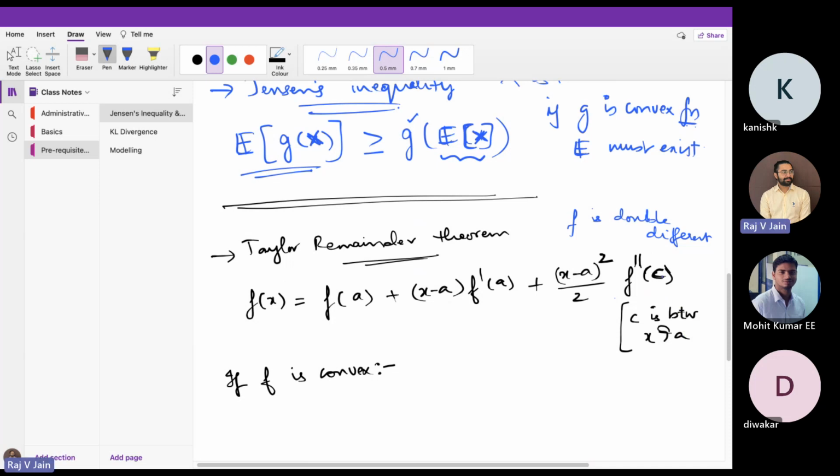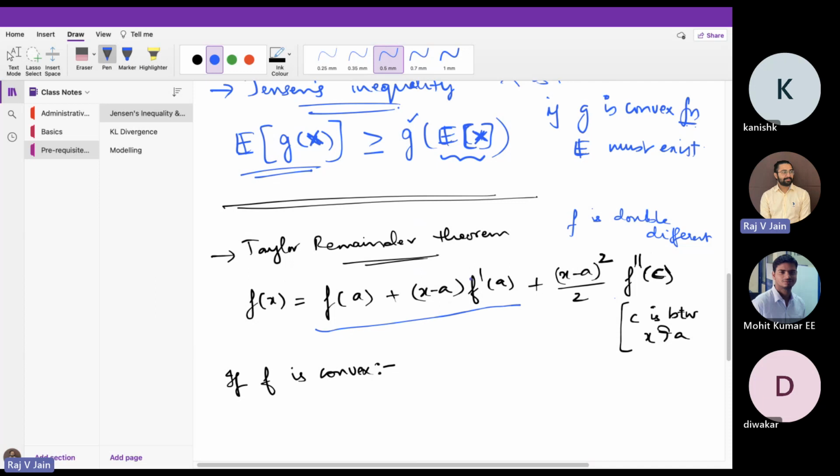The c in some ways captures how far off the value of the function f at x is from this linear interpolation that we have taken. So this is the Taylor remainder theorem.